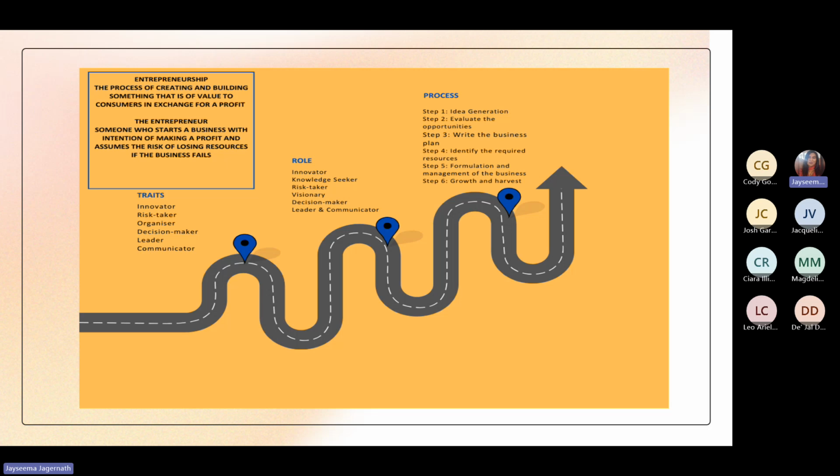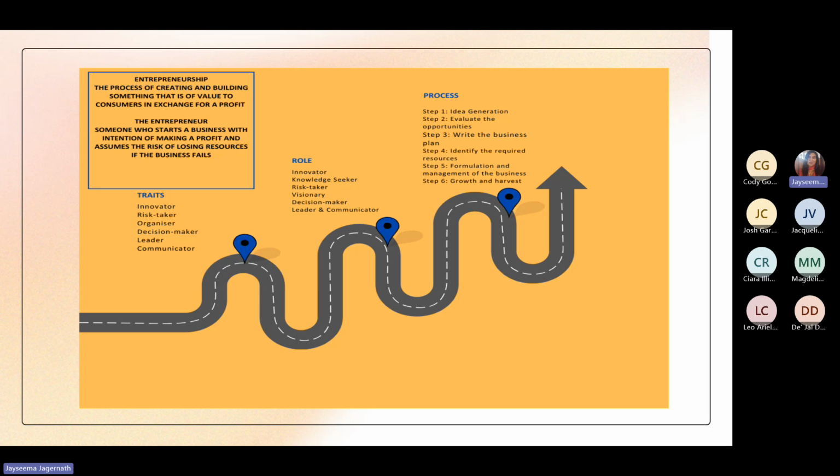Once they've come up with a few ideas, they then sit with it and they start to evaluate each idea that they've had. Okay. They look at which is profitable, what are the downsides of this, where am I going to make more profit, where am I using the resources I have. And once they've evaluated it, they then decide on one that they want to go with.